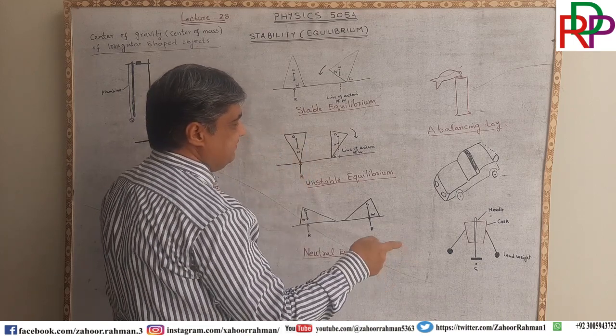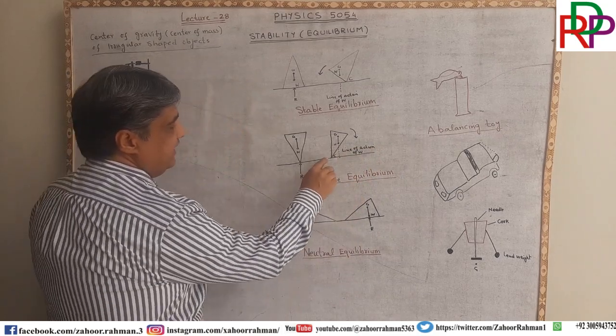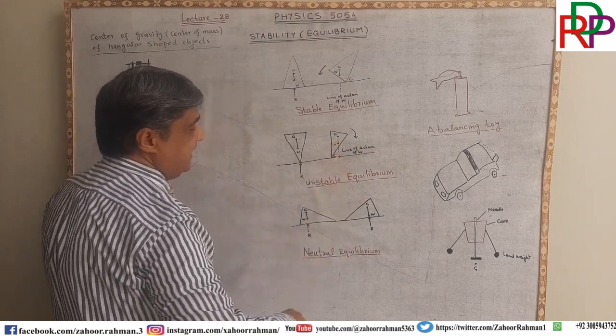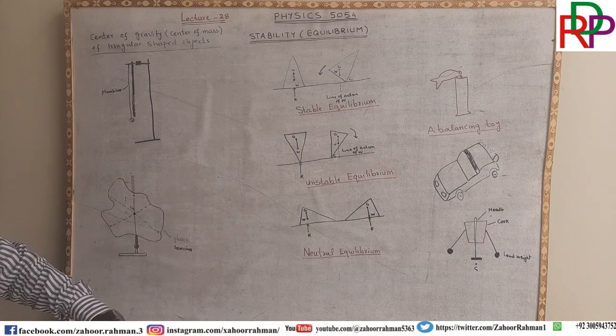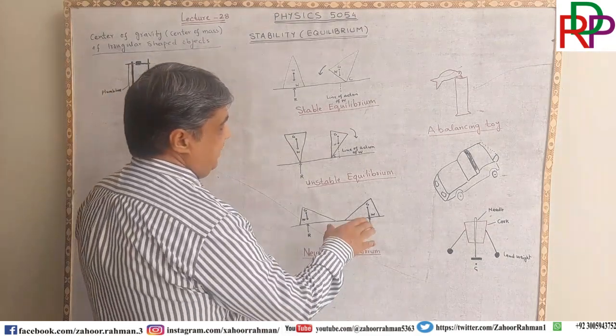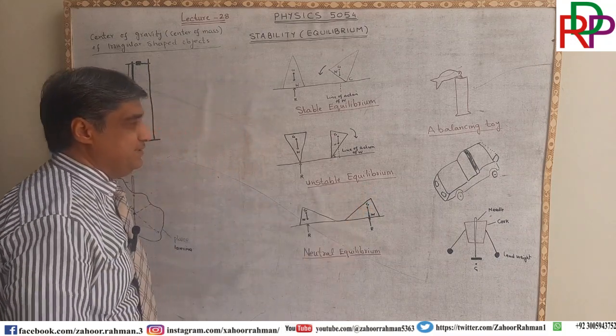The second thing we are noting is that the line of action of W is out of the base. In this case, it will not come back to its original position and it will topple down. This type of equilibrium is called unstable equilibrium.